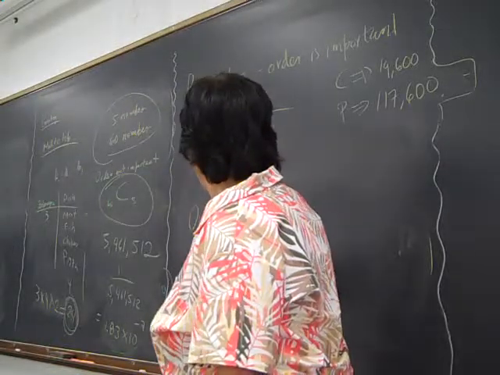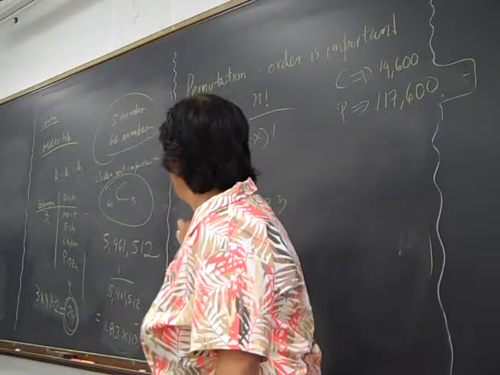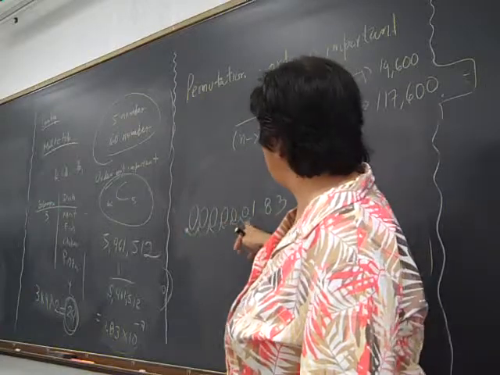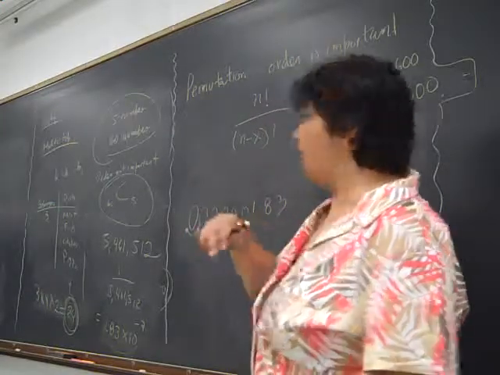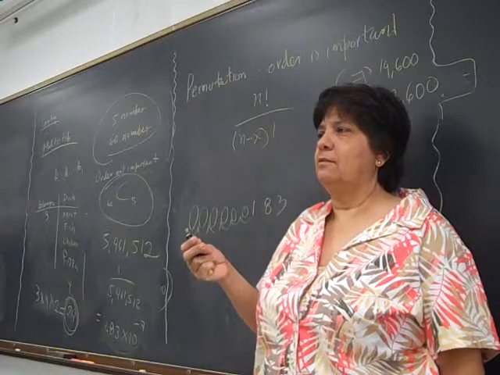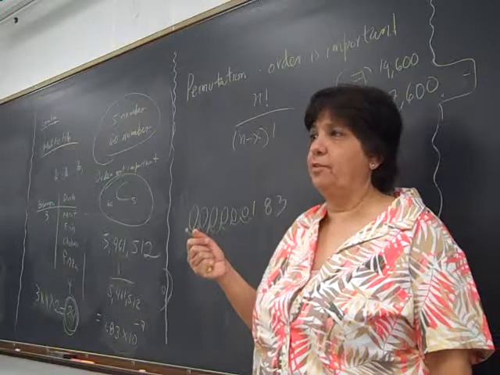So it's 1, 2, 3, 4, 5, 6, 7. So this number is 0.000000183. That is the probability to get the lottery. Wow. It's pretty small, right?